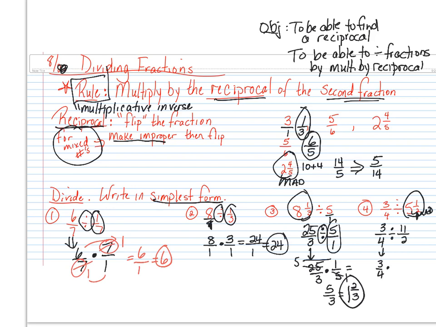Change this to multiply, 2 over 11. Flip it, right? Reciprocal. I see a 2 in both of these. 2 divided by 2 is 1. 4 divided by 2 is 2. Now we can go straight across. 3 times 1 is 3. 2 times 11 is 22. And that is a really, really small fraction.